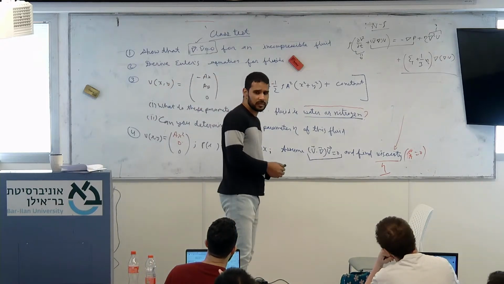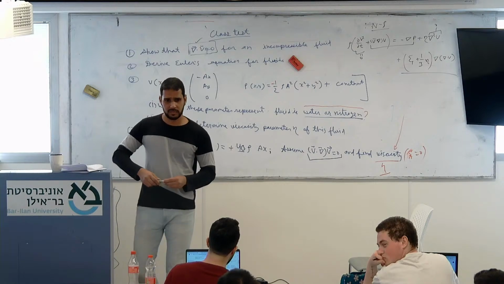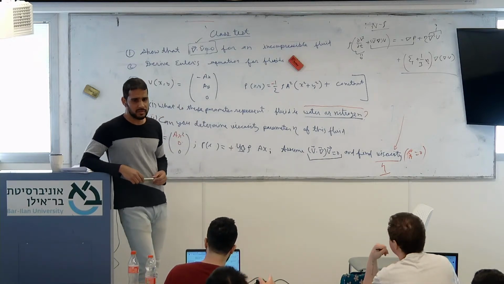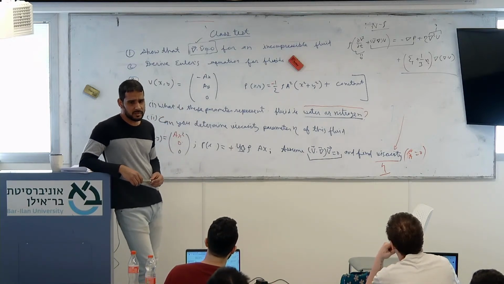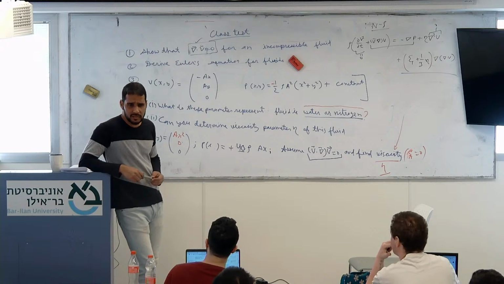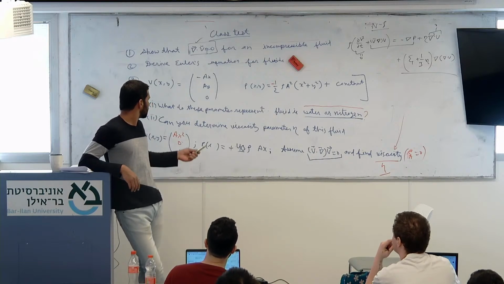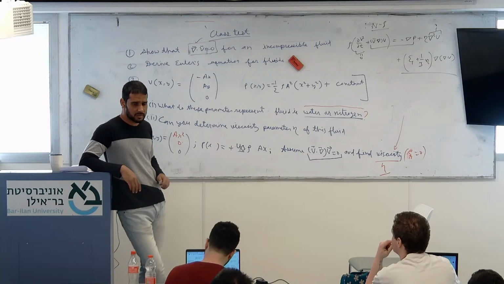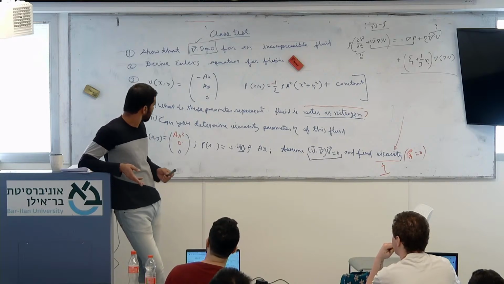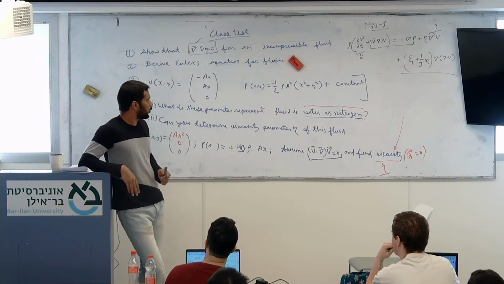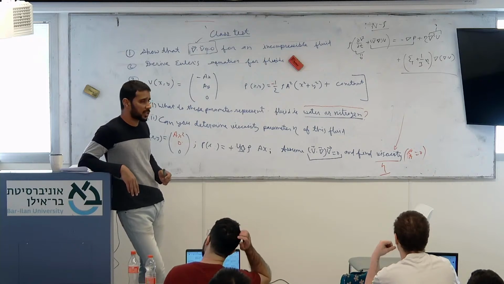But actually, you can also derive the viscosity 0 because this has a curl and it never decays. You can calculate that the curl is not 0 and it never decays. So how do you find, okay, curl is non-zero, but it does not decay.